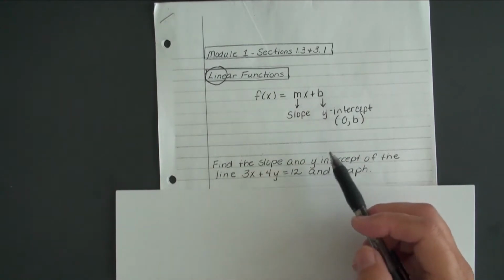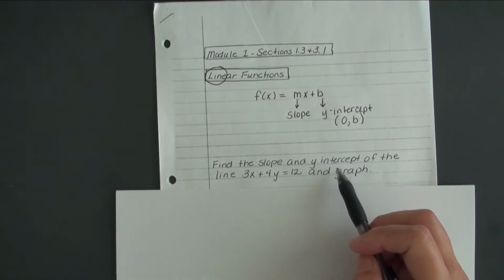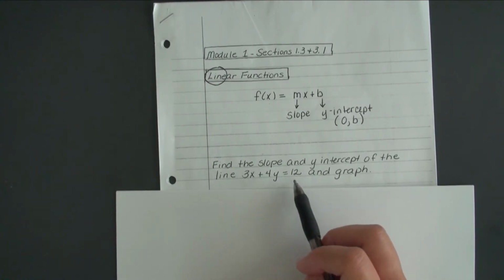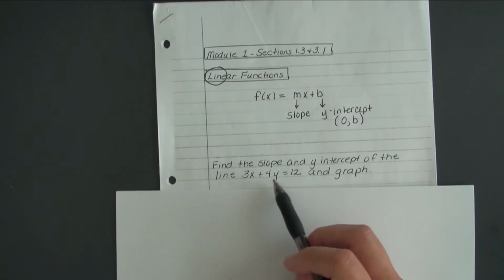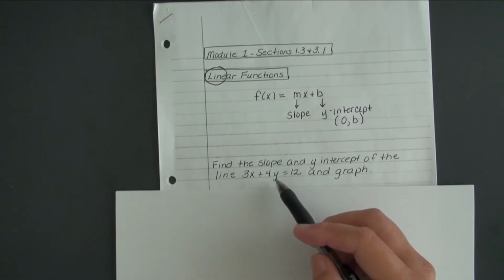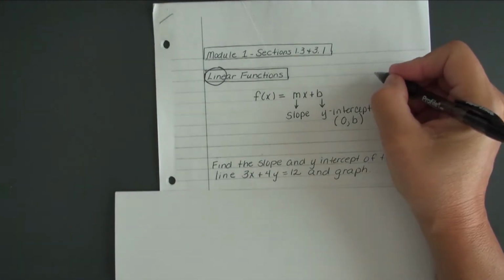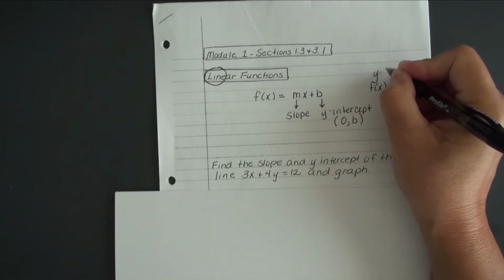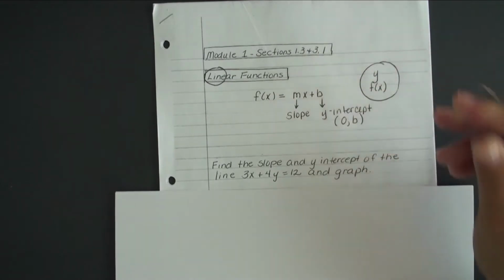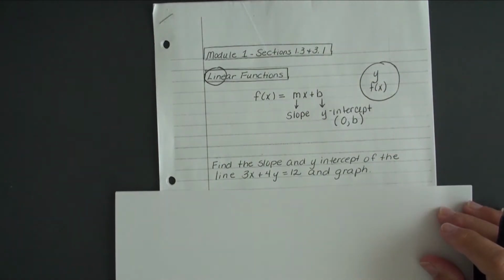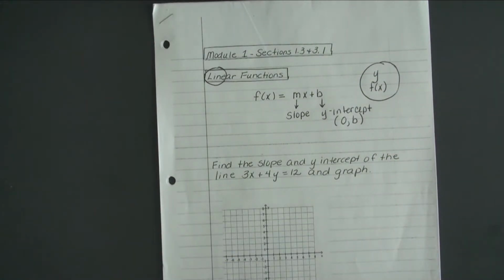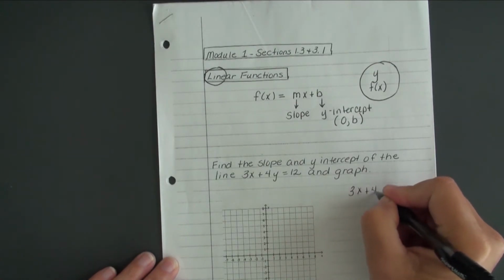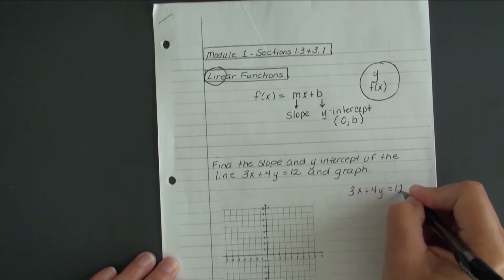So in order to find our slope and our y-intercept, we need to do some algebra using order of operations to solve this equation for y. The reason we solve it for y is because y and f of x are the same thing when you're talking about functions. So I'm going to begin by taking my equation, 3x plus 4y equals 12.